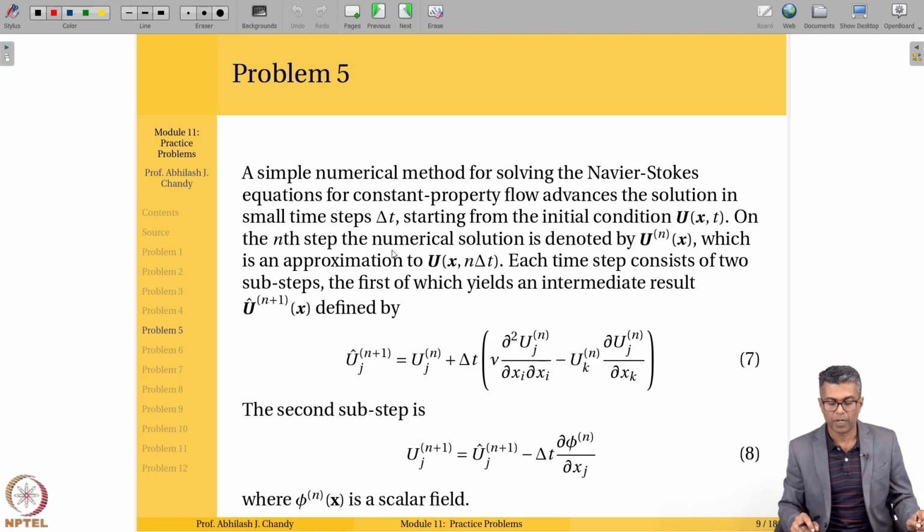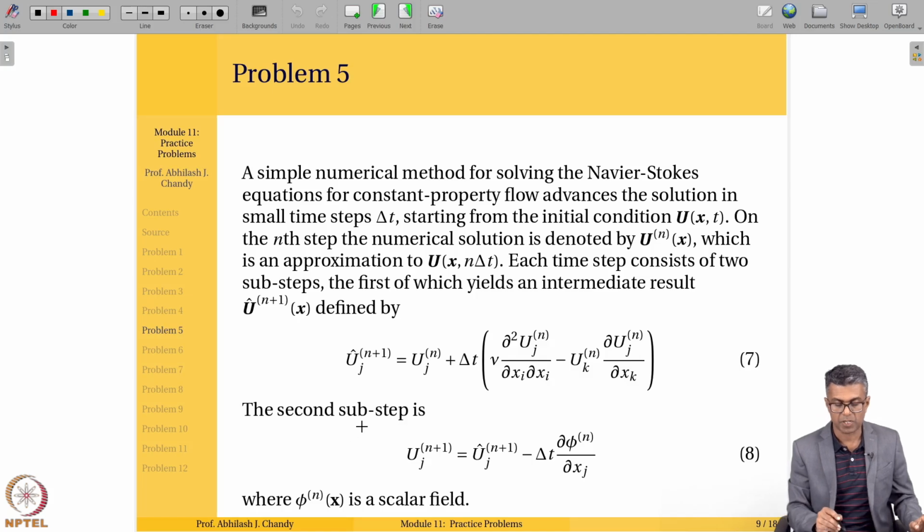On the nth step, the numerical solution is denoted by u superscript n of x, which is an approximation for u of x, n delta t, right? Of course, each time step consists of 2 sub-steps, the first of which yields an intermediate result, which we are calling u hat of n plus 1, given by u at n plus delta t times this expression here, which is nu del squared uj at n divided by del xi, minus uk n del xk of ujn.